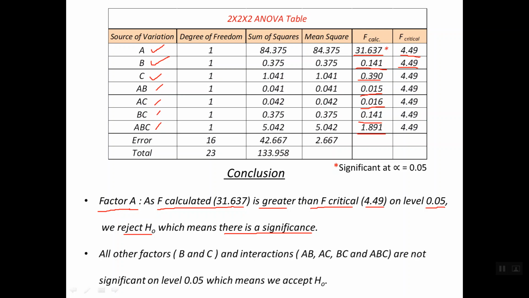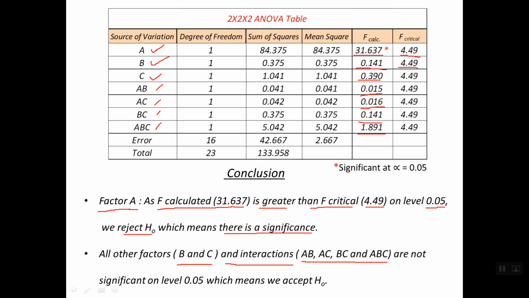And regarding all the other main factors, which are factors B and C, and all the interactions, they are not significant, simply because the value of the calculated F is less than the value of the critical one.